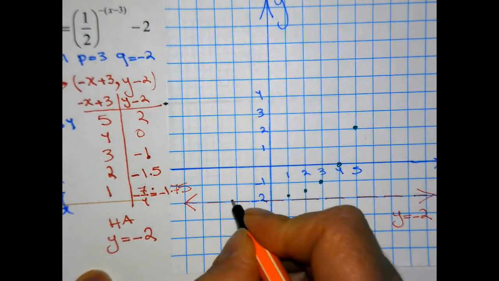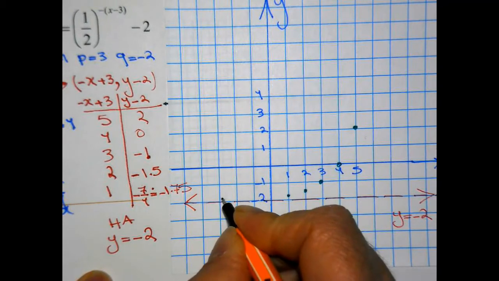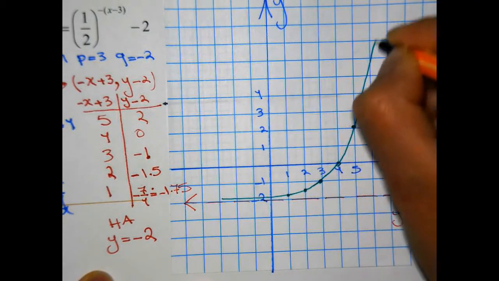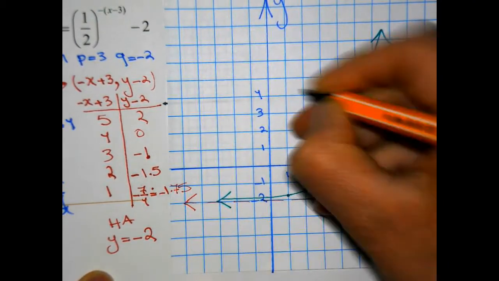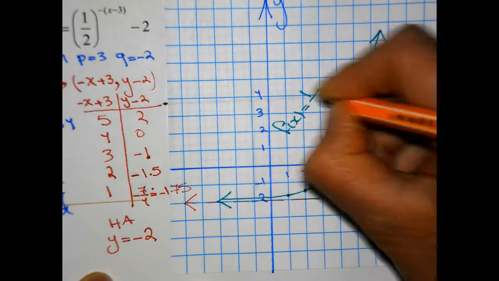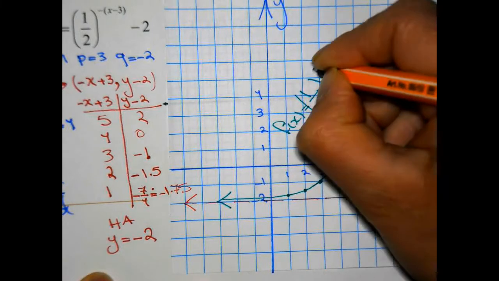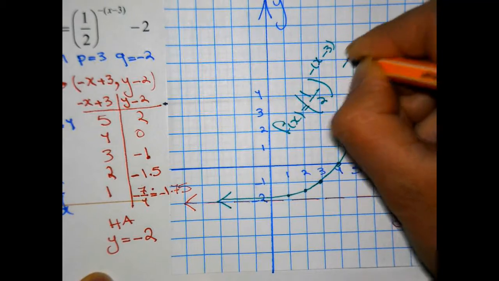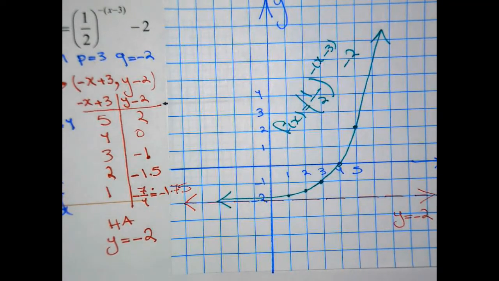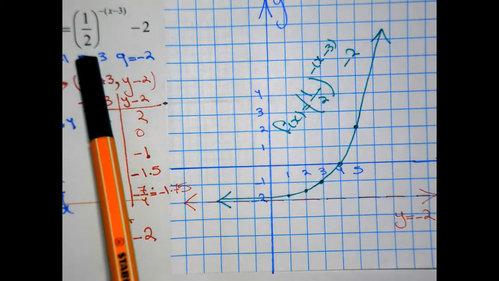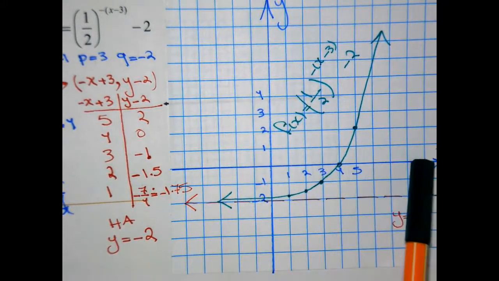We know that the function gets closer and closer to the horizontal asymptote. F at x equals 1/2 to the exponent minus x minus 3 minus 2. Now, some of you may ask yourself, how come if we had a base which is less than 1, we were expecting a decreasing function.